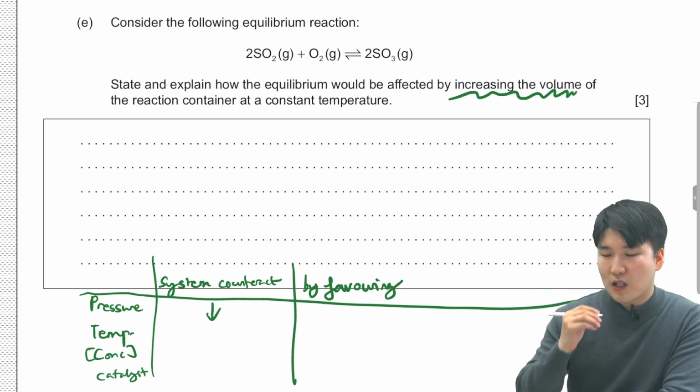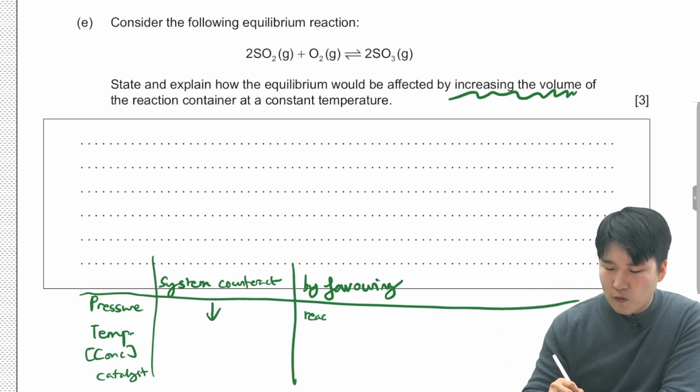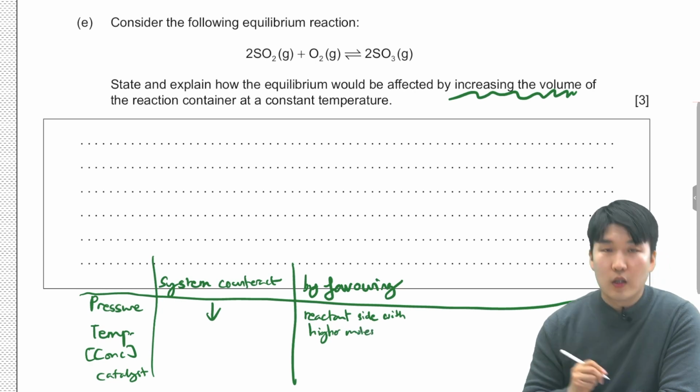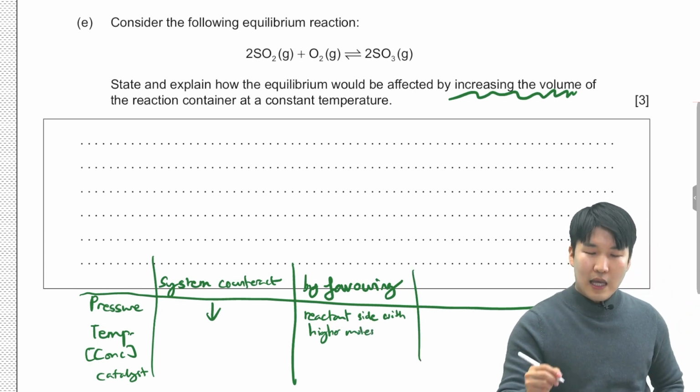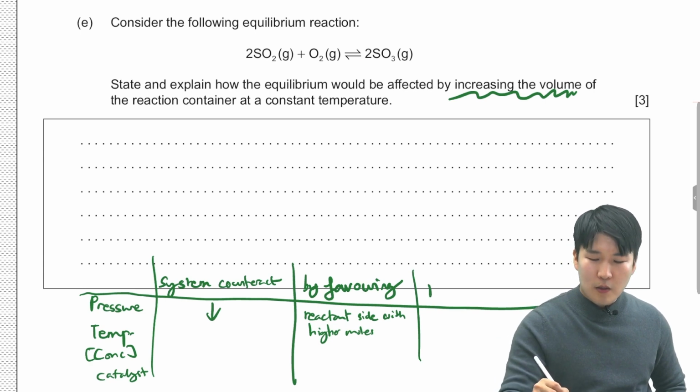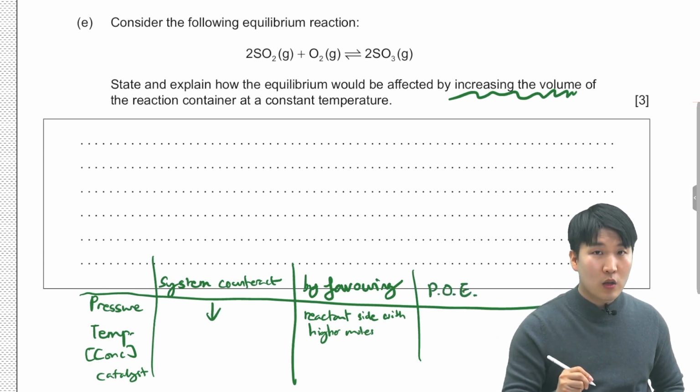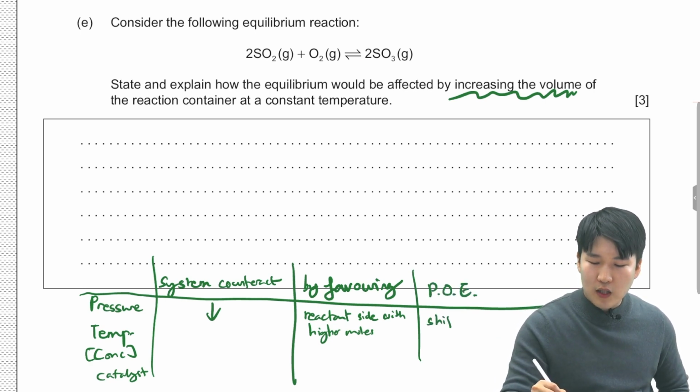Therefore, the reactant side will be favored. And this will result in the position of equilibrium shifting to the reactant side.